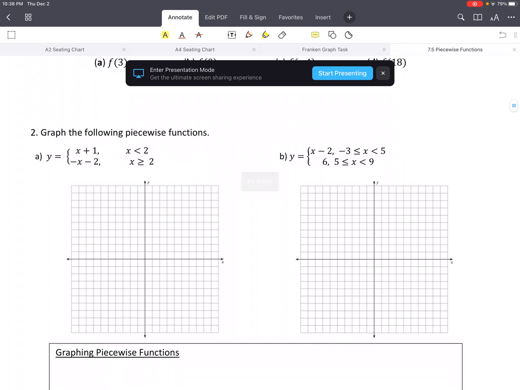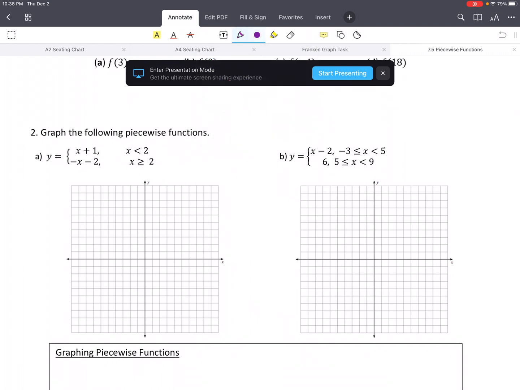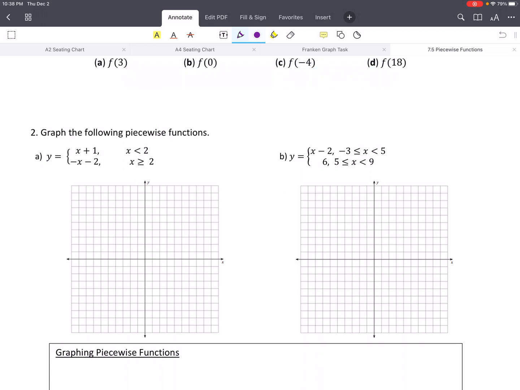So for example, if I go to graph part A over here, I'm always going to look at this domain piece first, and I just always draw in my boundaries.